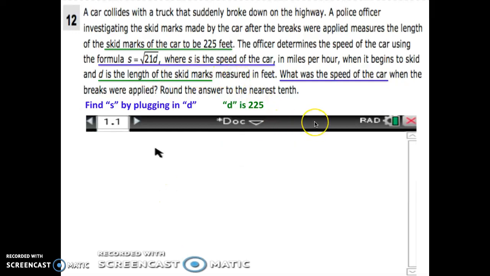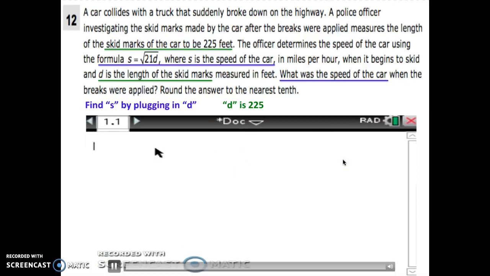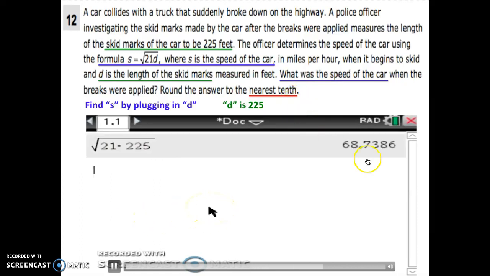So we go to calculate, square root, 21, parentheses, 225, because I'm replacing the letter D, and it gives me 68.7386. It'll loop right now, but pay attention before we write our answers. It does ask us for the nearest tenth. That means it only wants one decimal, so I can't put .7386.